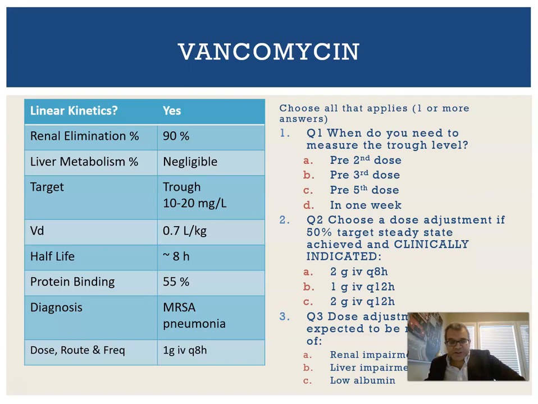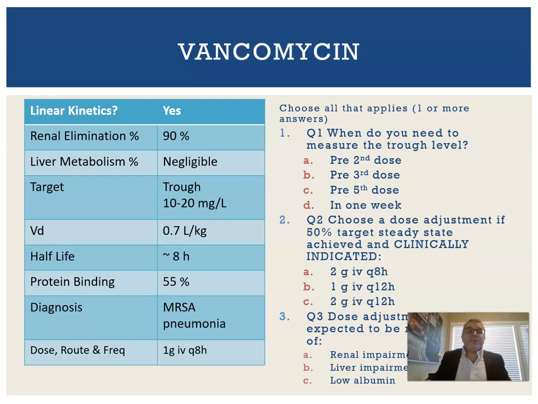Let's say the dose is fine. We wanted to start at 1 gram every 8 hours. Okay, so my question for you, when do you need to measure the trough level? Pre-second dose, as it is every 8 hours, so after 8 hours. Pre-third dose after 16 hours, or pre-fifth dose, or in 1 week.